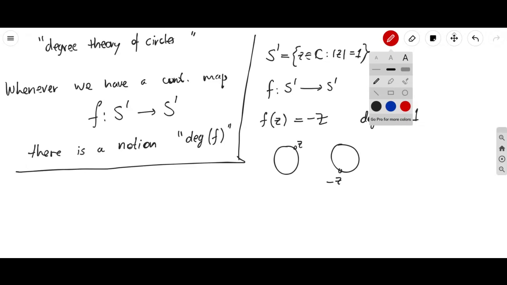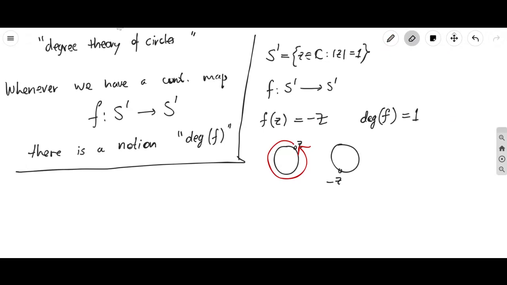So essentially this function takes your circle and performs a 180-degree rotation. If you have a closed loop, that closed loop has the same orientation and goes around once. The only thing you're changing is where the loop starts and ends. But other than that, everything stays the same. So it makes sense that the degree should be 1.